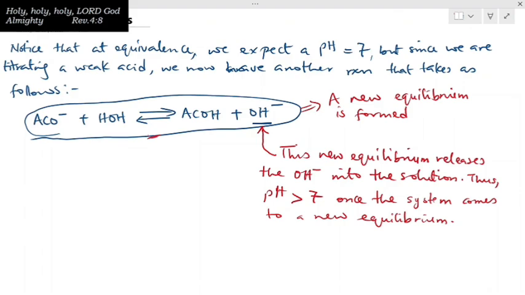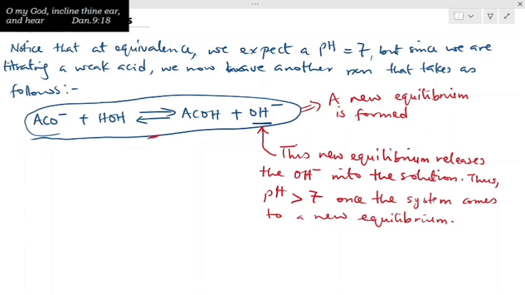It actually now rips off the hydrogen ion from the water, producing OH minus indirectly. This OH minus concentration actually goes up, and that is why the pH is bigger than 7, thus creating a basic solution once the system comes to what?